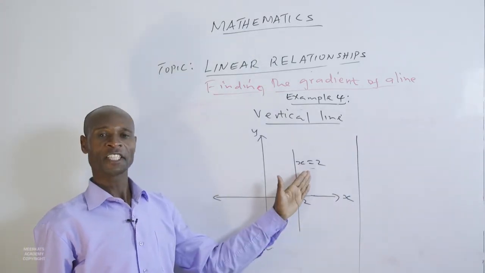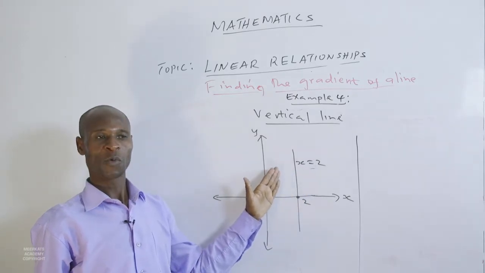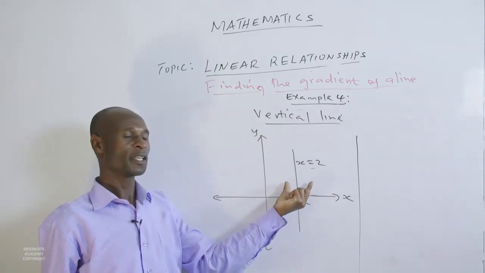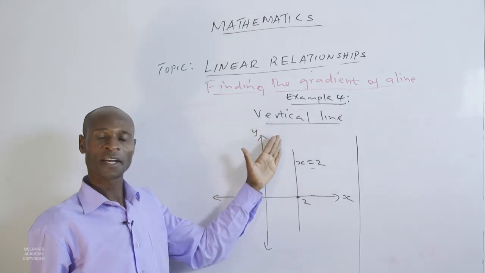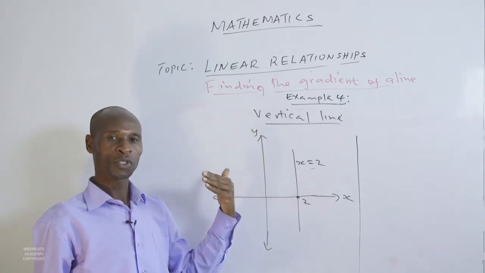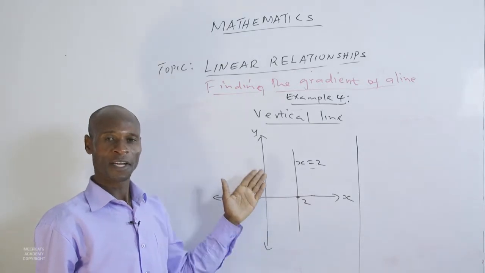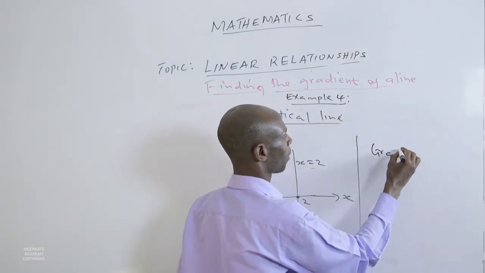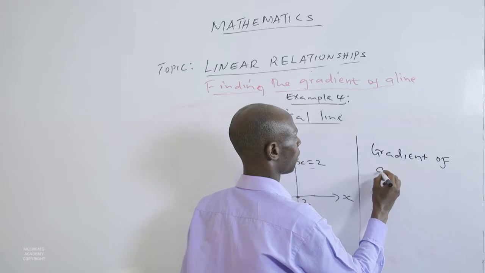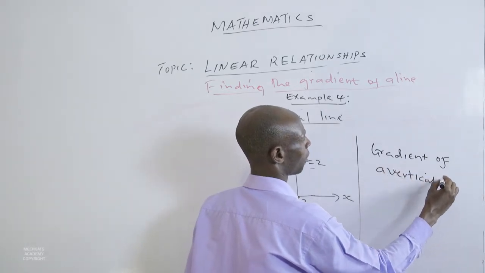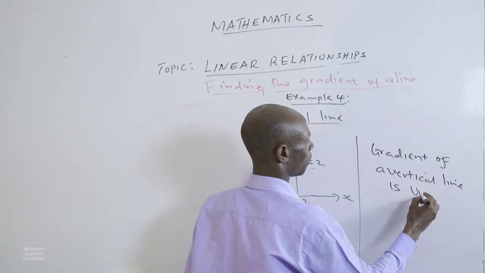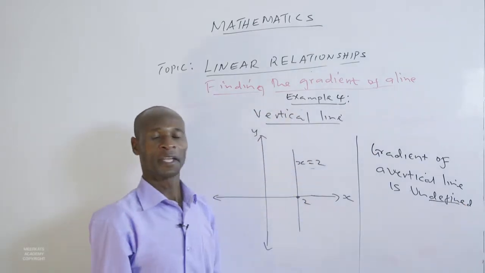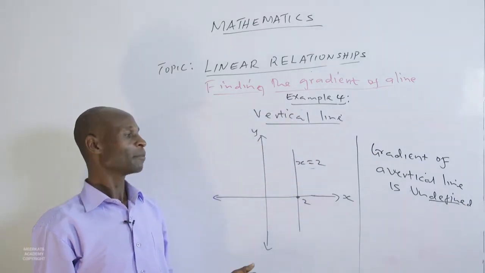The gradient of any vertical line parallel to the y-axis, we mentioned earlier, is undefined. So again, you don't need to calculate this, but you just use the descriptive part of it. The gradient of a vertical line is undefined. Sometimes we use this symbol.